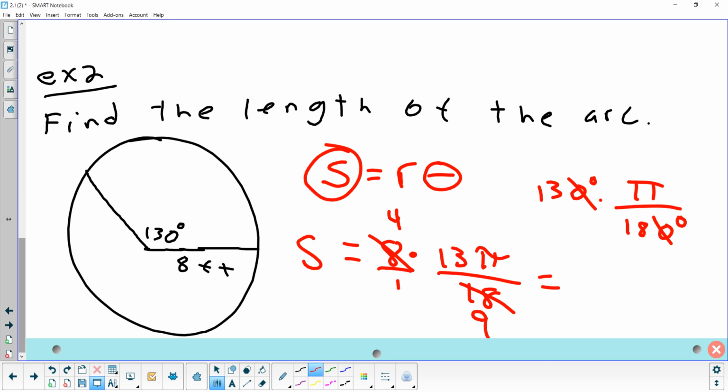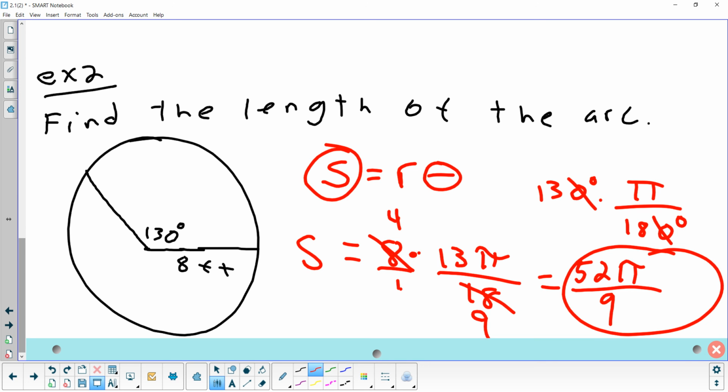So Mateo, if I do that out, what's 4 times 13 give me? 52. Good. 52 pi over 1 times 9. So 52 pi over 9. And Katrina, this time, what am I looking for a label on that?